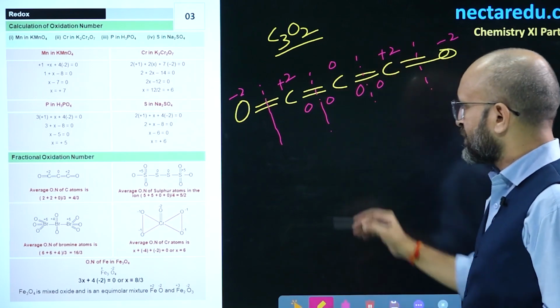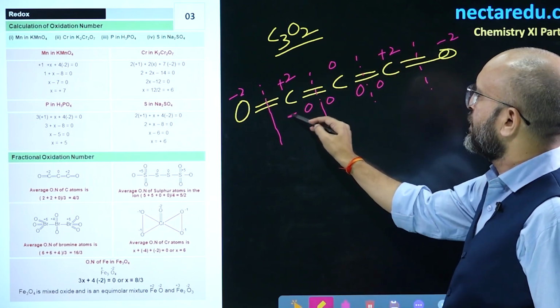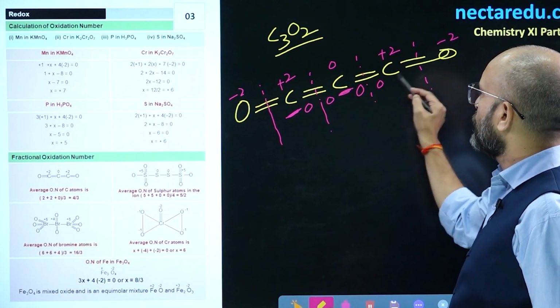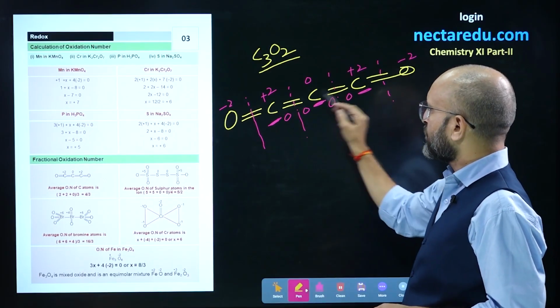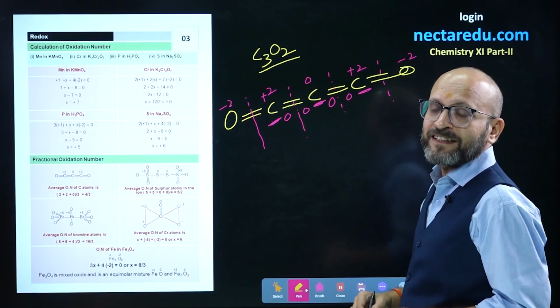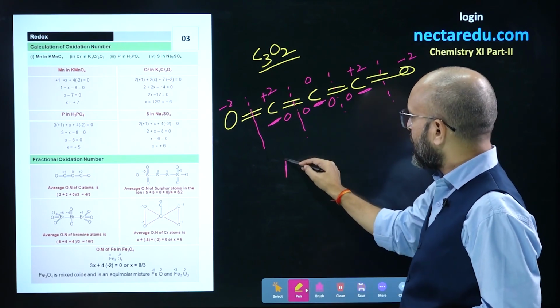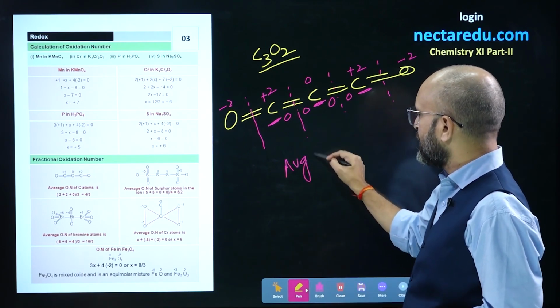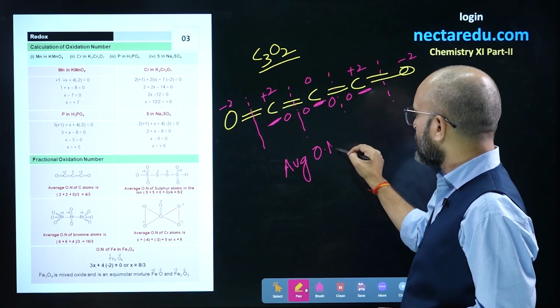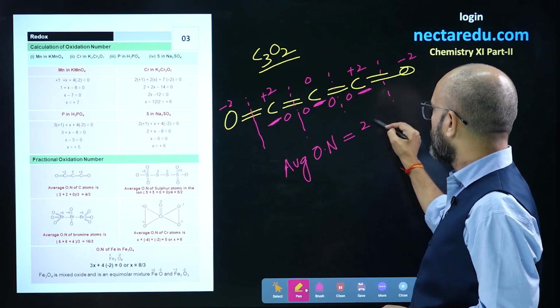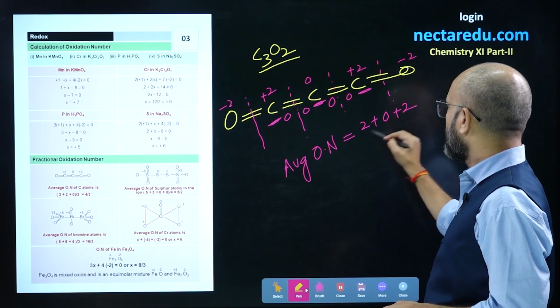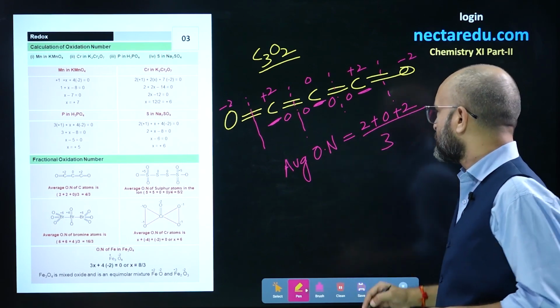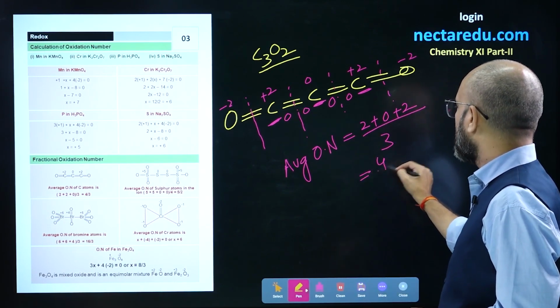So we have carbon number 1, 2 and 3: two carbons have +2 and one carbon has 0. When we take the average of oxidation numbers, we get 2 plus 0 plus 2 divided by 3 carbon atoms, which gives 4/3.